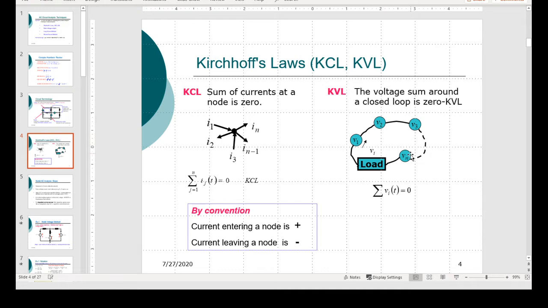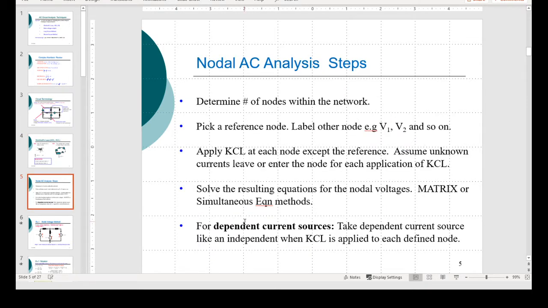For a closed path, the total voltage drops in a closed path is equal to the total voltages of the voltage sources. Right? Now this we have met in Eng 1, so I'm sure you are familiar with that.